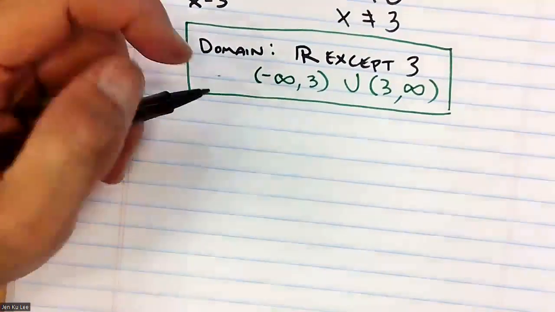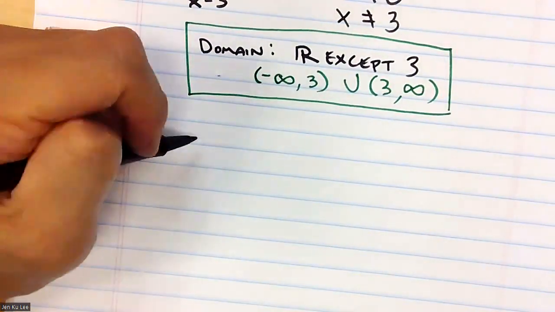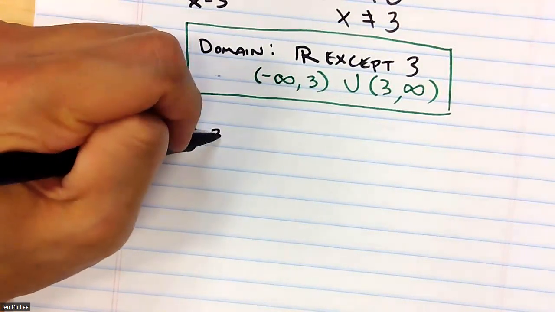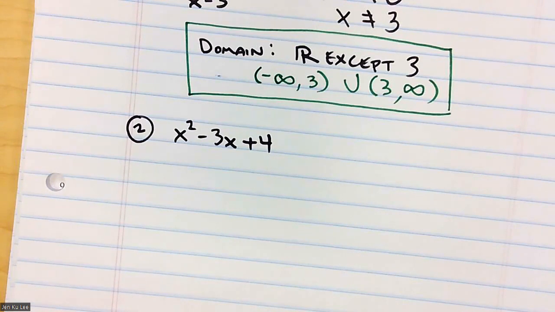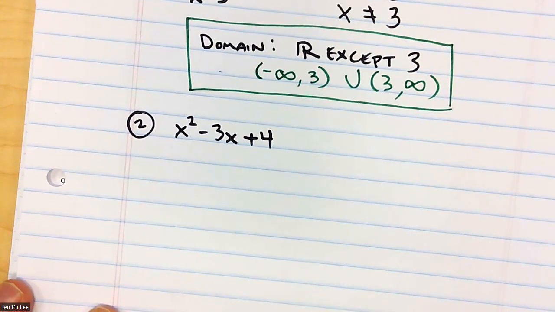Okay. For the second, let's say x squared minus 3x plus 4. What's your domain here? Is there an x in my denominator?